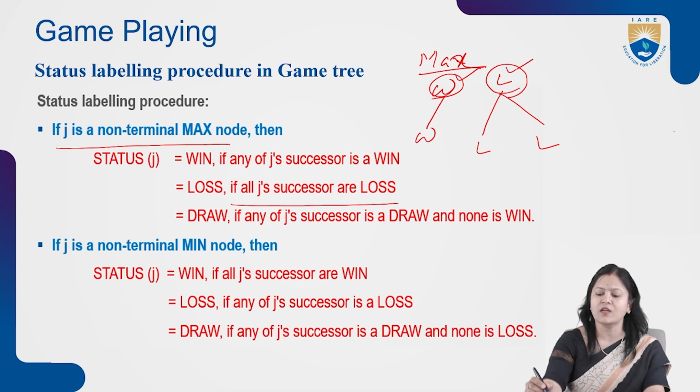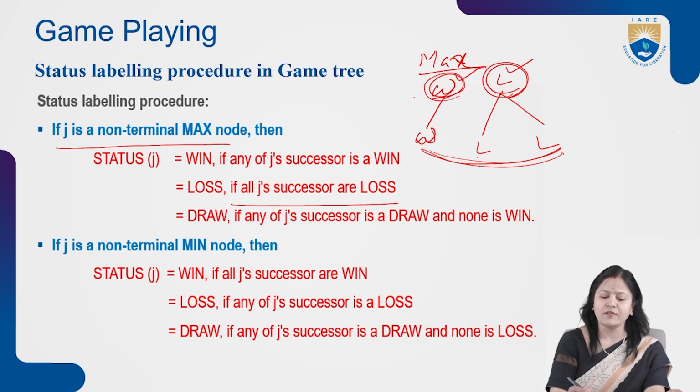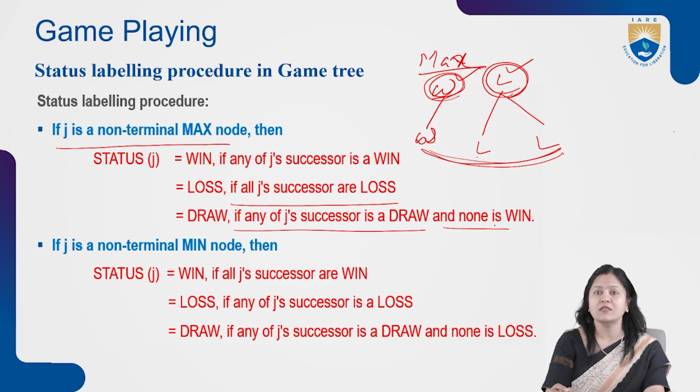These nodes are nothing but the max non-leaf nodes, and these are the leaf nodes, which are already given to us. Whenever both the leaves are L, the max node can be represented as L. When any one of the children is W, then we can write the max node as W. Another one is draw: if any of the J's successors is draw and none is win.